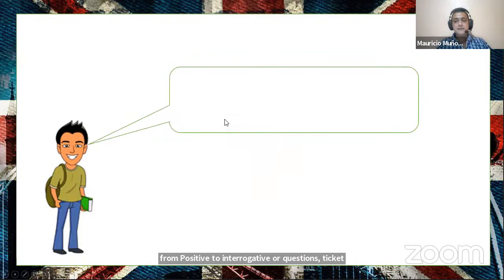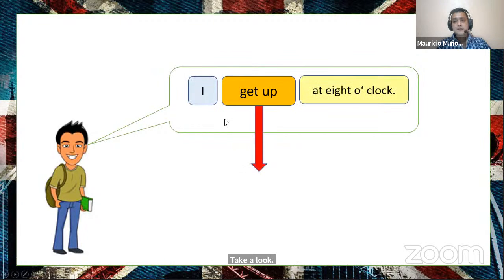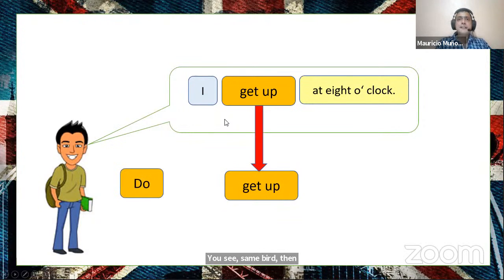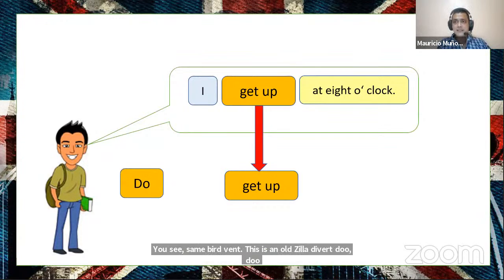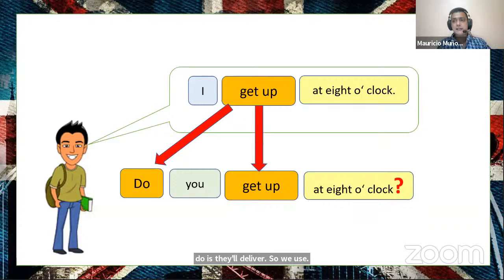Take a look. You see? Same verb. Then this is an auxiliary verb. Do. Do is an auxiliary verb. So we use, do you get up at 8 o'clock? From the positive to interrogative. Aquí tenemos una vez más los verbos auxiliares.